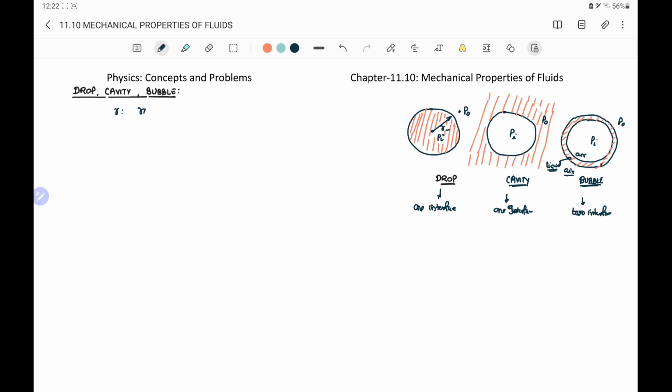Suppose r is the radius of the drop, and suppose it is increased by delta r. So the new radius of the drop will be r plus delta r.